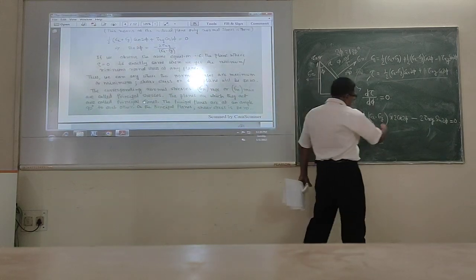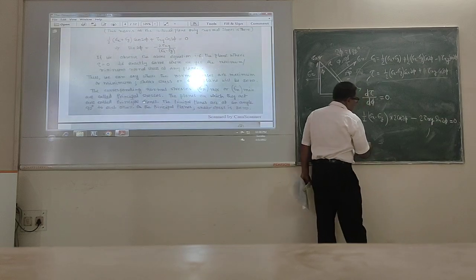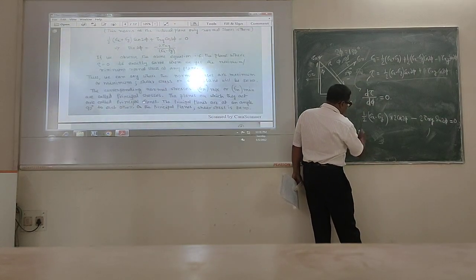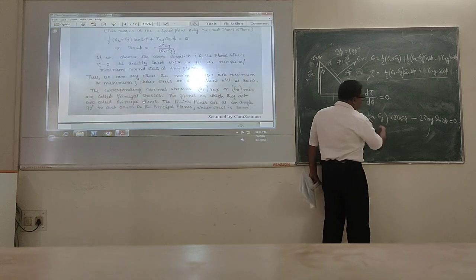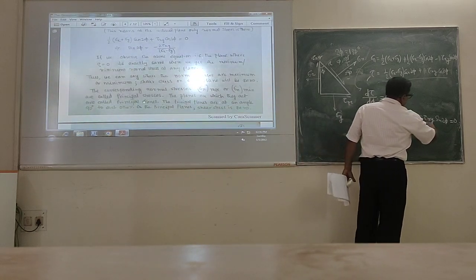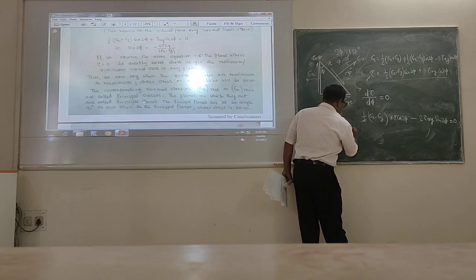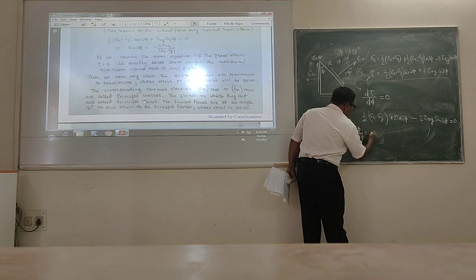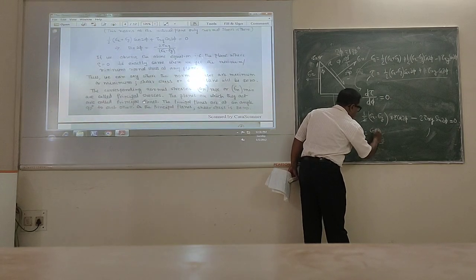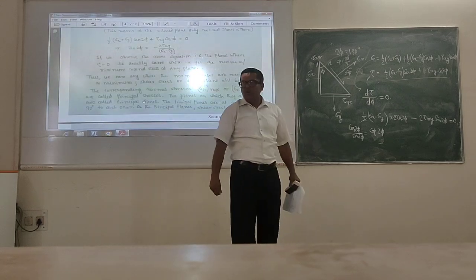So if I take this part on the other side, the 2 cancels out, and cos 2 phi by sin 2 phi, which is nothing but cot 2 phi, right? Cos 2 phi by sin 2 phi is equal to cot 2 phi.